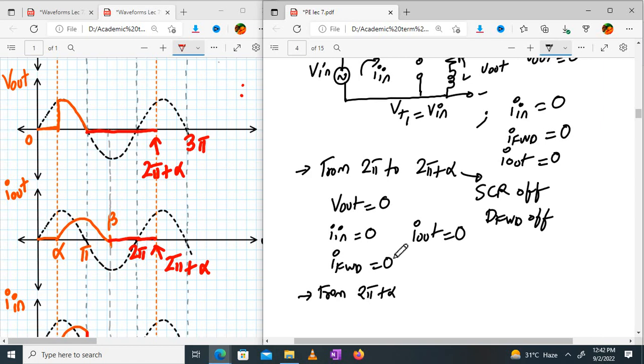So the same thing will happen. Now your SCR turns on, but your freewheeling diode is still off. So when the SCR turns on, the output voltage will follow the input voltage.